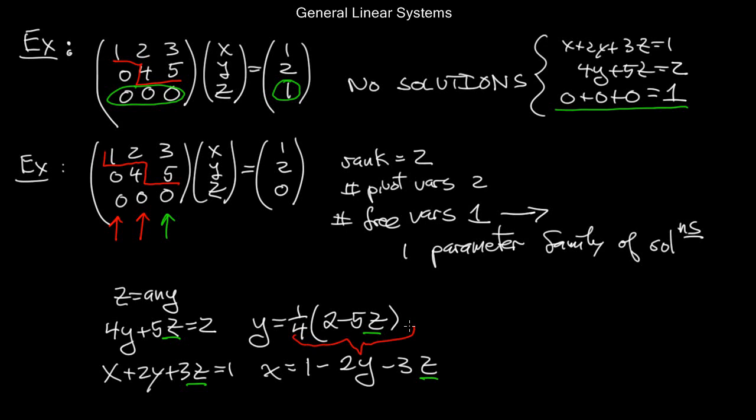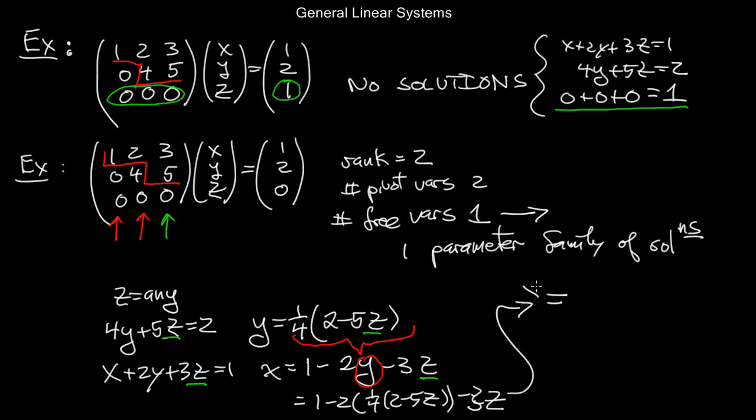That's right here, so we plug that in to get that x is equal to 1 minus 2 times 1/4 (2 minus 5z) minus 3z. And now you can see on the right-hand side of this equation there are just constants and z's. And you simplify it, and it turns out that x equals minus 1/2 z.